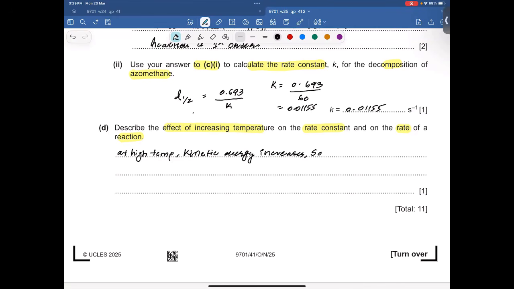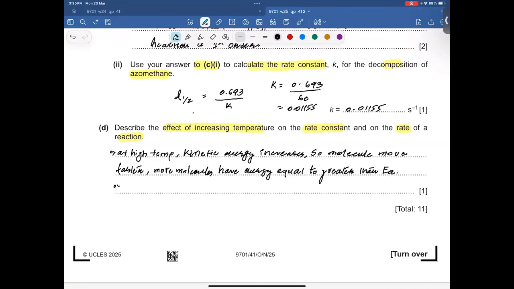So molecules move faster. If molecules move faster, more molecules have energy equal to or greater than activation energy. All right. This is the first point.